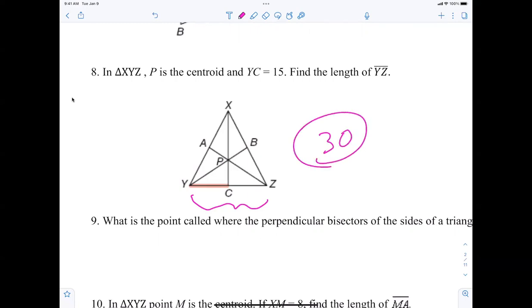Right, because again, the centroid is the what? The median, right? And the median goes from the vertex to the side, and it bisects the side. Do we understand that, right? These are just things you have to know about the words.